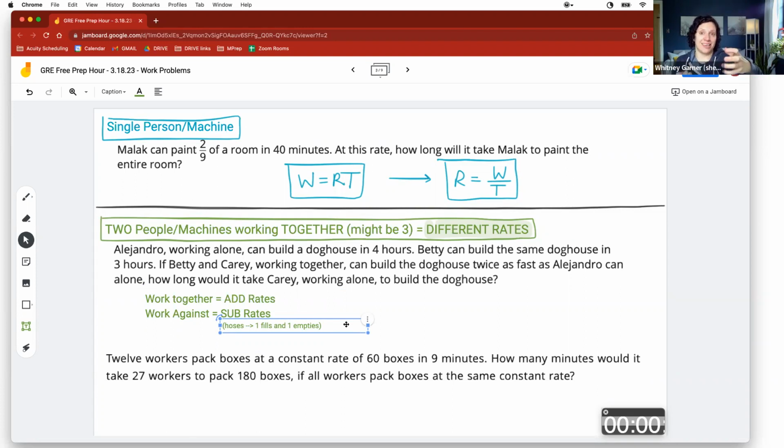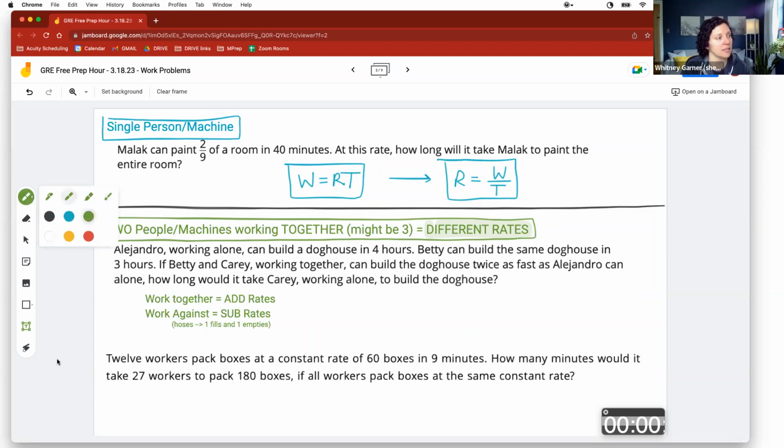The hose that's emptying is what I subtract off. If I'm actually trying to empty the tub, then the one that matters is the emptying one. The emptying one's doing the work, and the one that won't stop filling is what gets subtracted off. It's what's hurting us. So working against each other, it is almost always like this world of hoses.